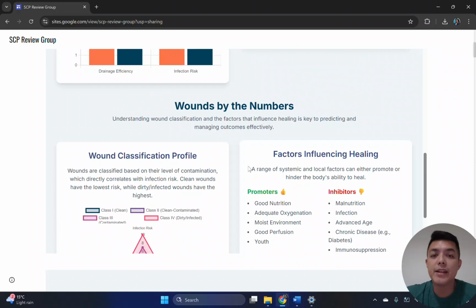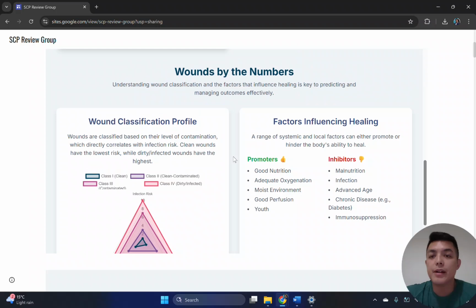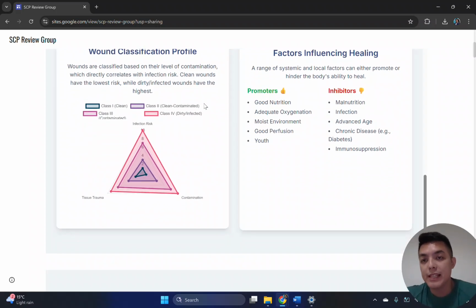So next, wounds by the numbers. Understanding wound classification and the factors that influence healing is key to predicting and managing outcomes effectively. The wound classification profile is a nice triangle for you. Wounds are classified based on their level of contamination, which directly correlates with infection risk.